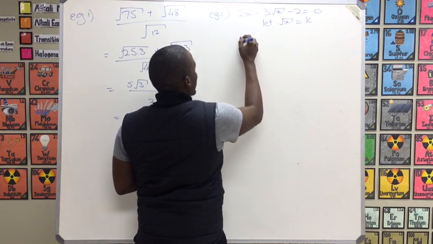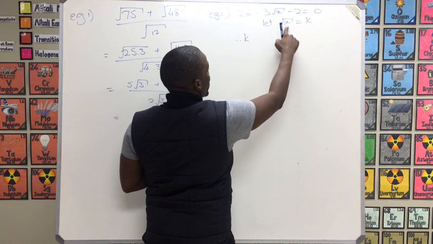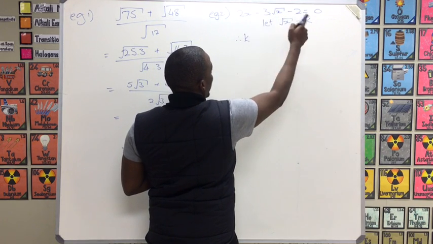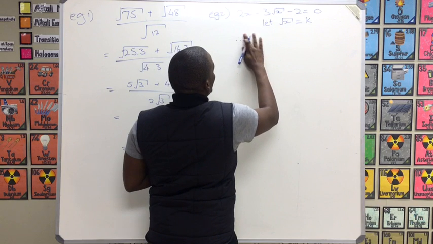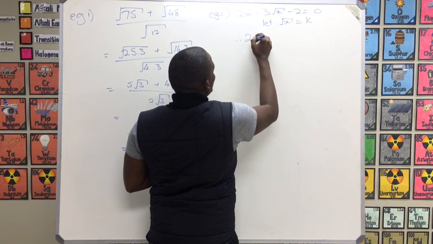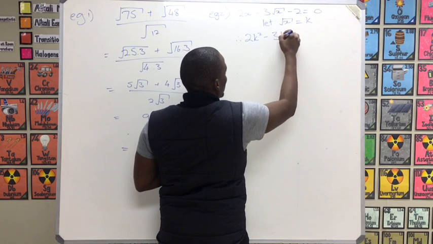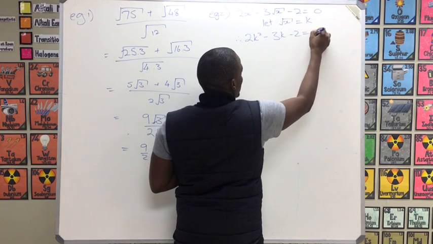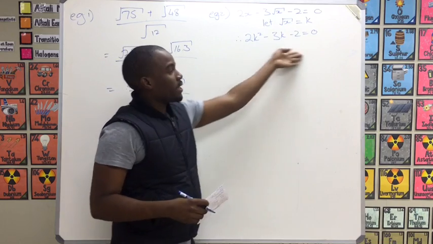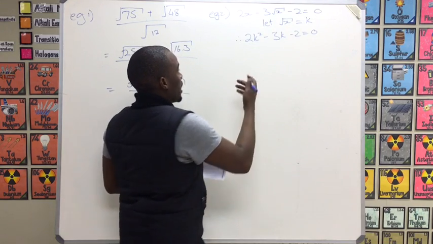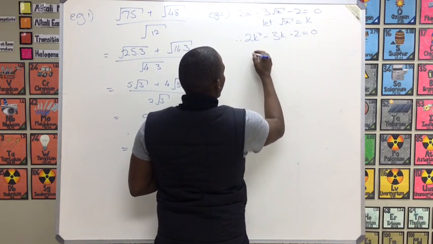Then root x is k, so therefore x is going to be k squared. Therefore we have 2k squared minus 3k minus 2 equals 0. And that's very easy. It's a normal quadratic like you've ever solved. And in that case, let's find our two brackets.